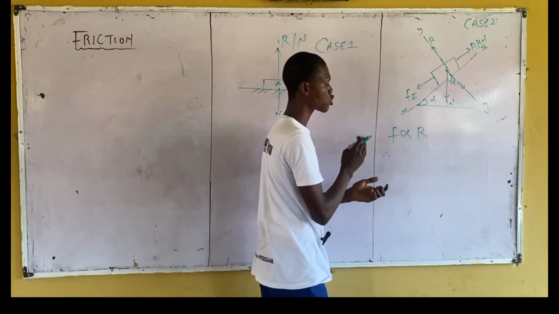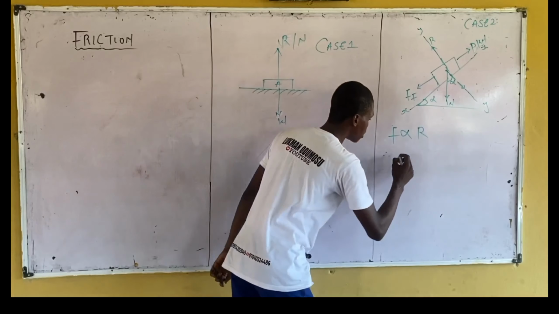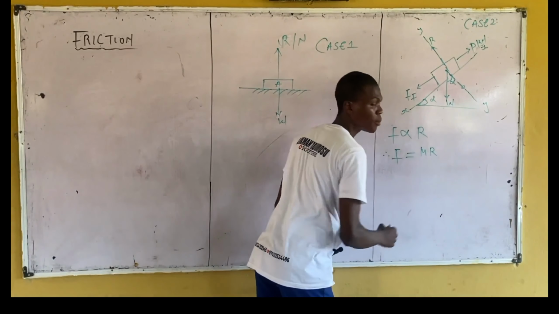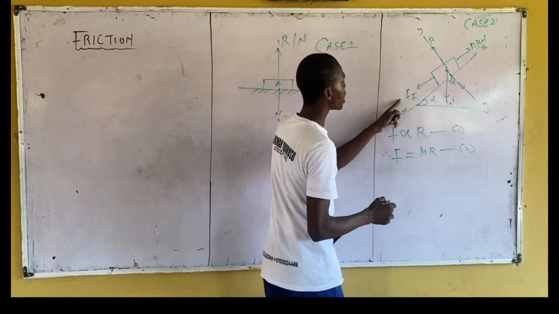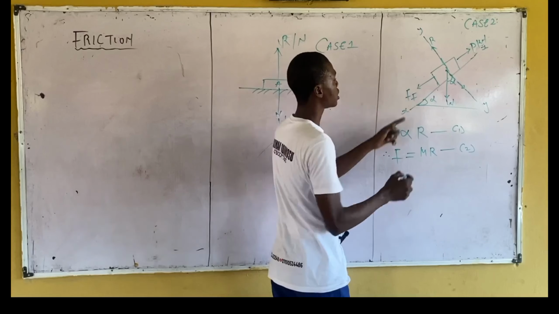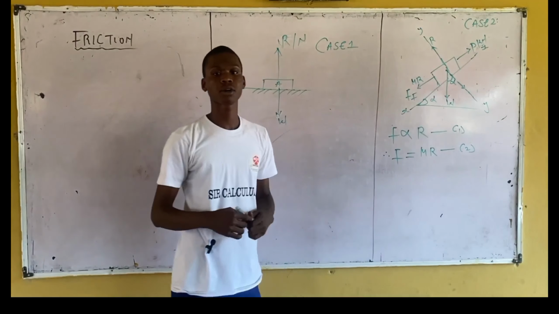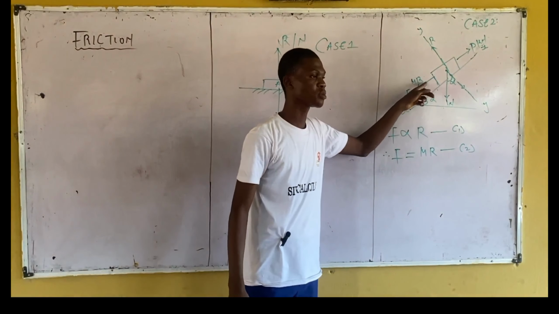The constant coming in is what we call mu, the coefficient of friction. So F equals mu multiplied by R. Call this equation 1, call this equation 2. From here, I can substitute the frictional force to be mu R. Is that correct? Yes, the frictional force is still the same thing as mu R.